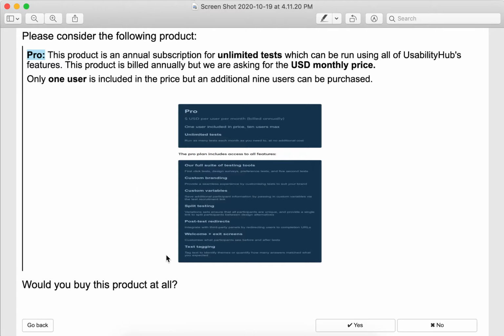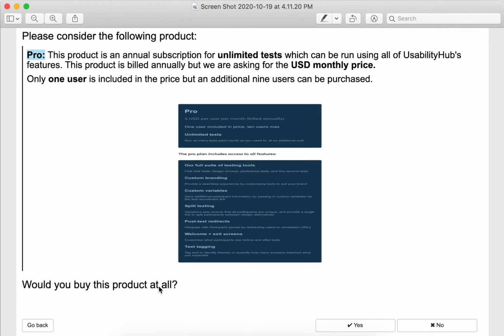This question appeared the moment that I logged in, and so the features are not top of mind for me at that moment. I was just about to create a test, a user test. So it's nice that they have them here, but I'm going to have to read all of these little lines to jog my memory.